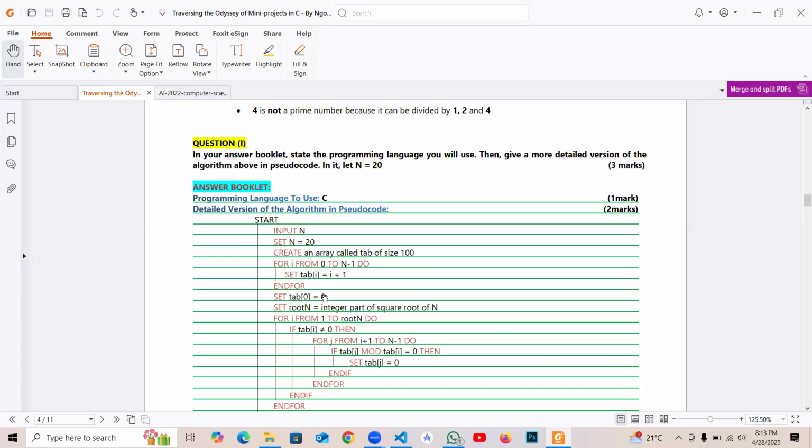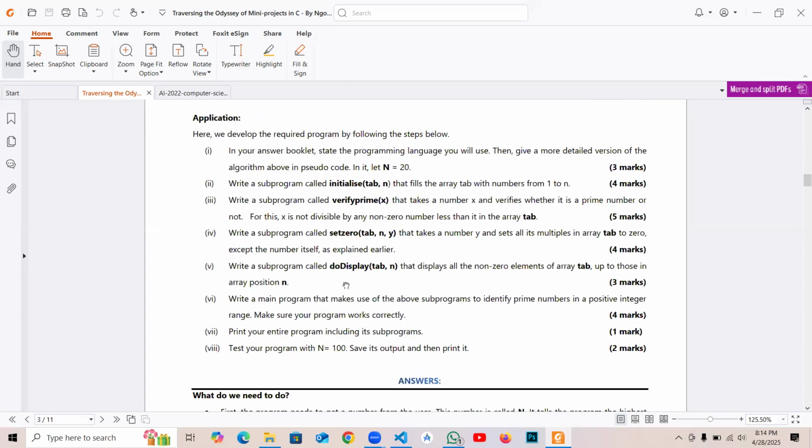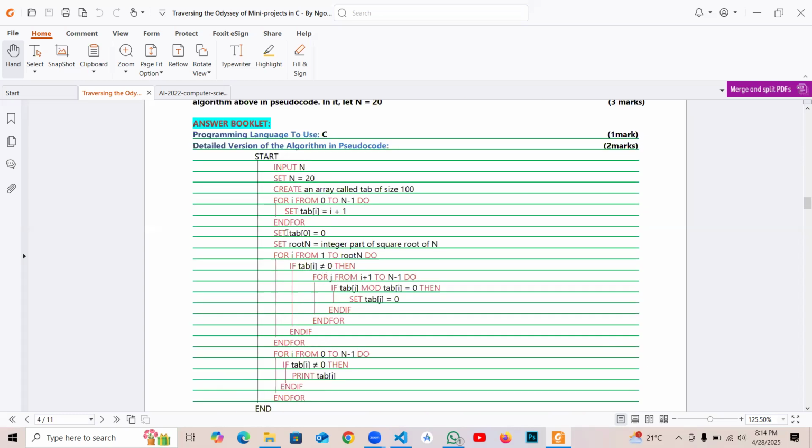Why? Here, our I starts from 0, which means that in my array tab, the array at index 0 should be equal to I plus 1, that is 0 plus 1, which is 1. Which means on our table we are going to have 1, and this 1, we set it to 0. That's why in my algorithm, I said let the array at the first index 0 be equal to 0.